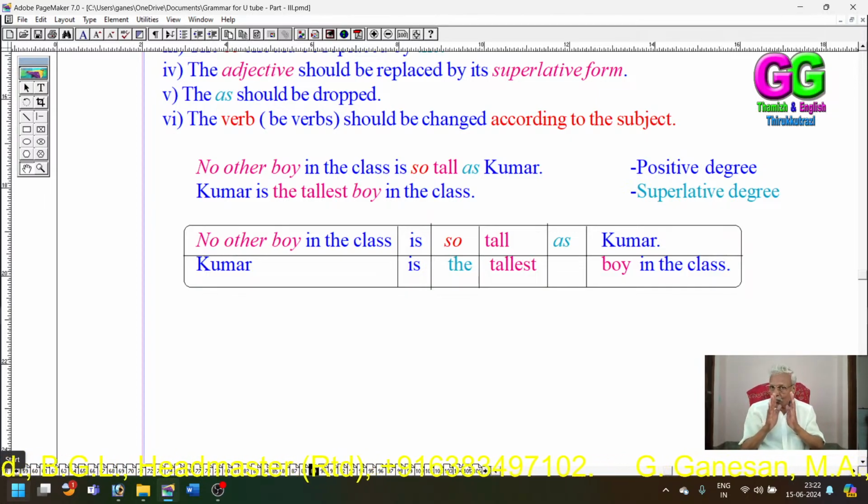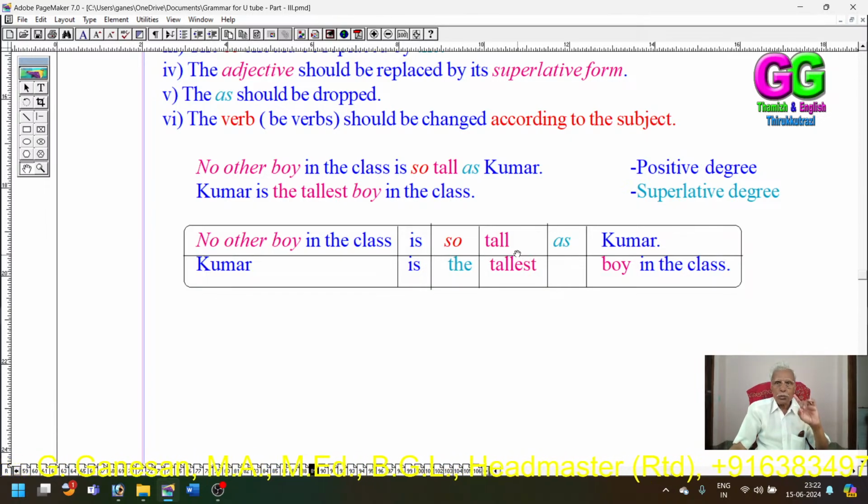Again, the six rules. First, the complement should be made the subject. Secondly, regarding the verb, as both subjects are singular, no change in verb. Thirdly, the positive scale so has been replaced by the superlative scale.